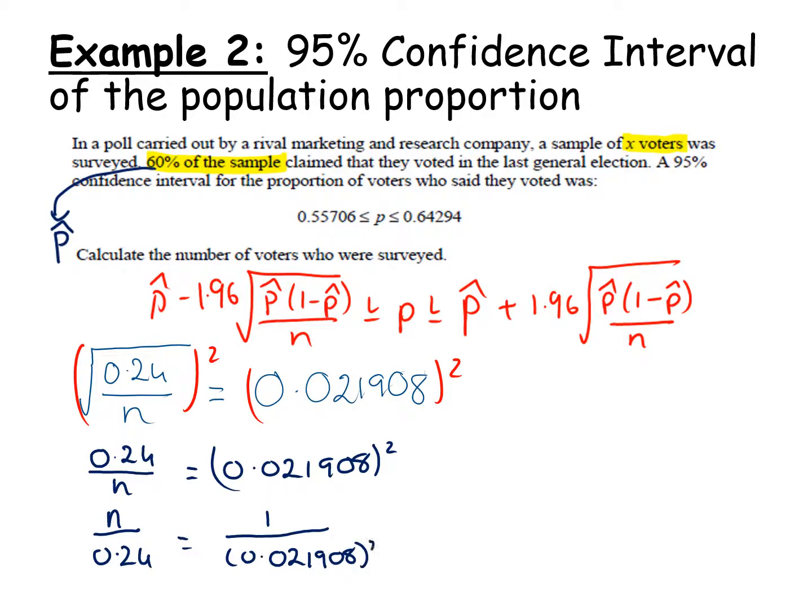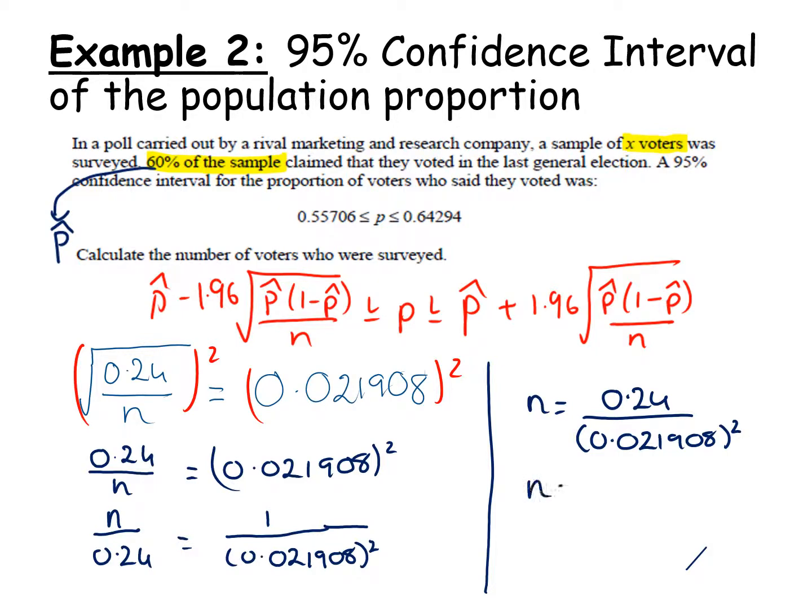You can square that out if you want. I'm just going to wait till the end to show all my calculations. And then I'm going to multiply both sides by 0.24. So I have 0.24 all over 0.021908 squared. And putting that into the calculator should get us our value for n. And we get around 500, it's 500.04, which has just got to do with our rounding. So the number of voters who were surveyed was 500.